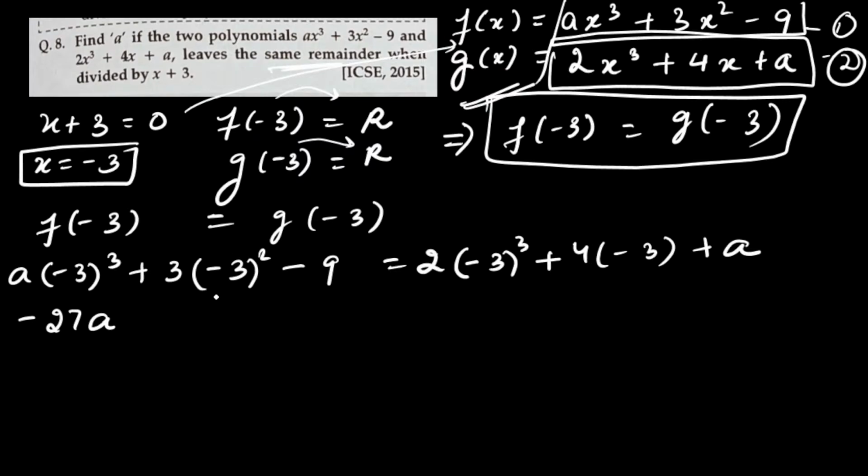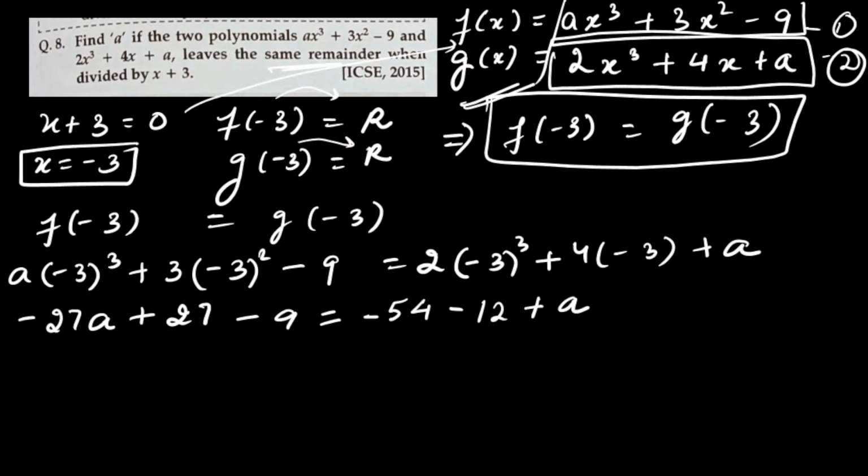So 3 square is positive 9. 9 into 3 is positive 27. So plus 27, and here we will write minus 9 as it is. So 2 into cube of minus 3, which is minus 27. Minus 27 into 2 will be minus 54. 4 into minus 3 is minus 12 plus a.